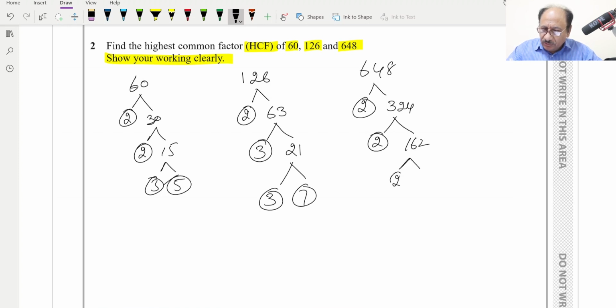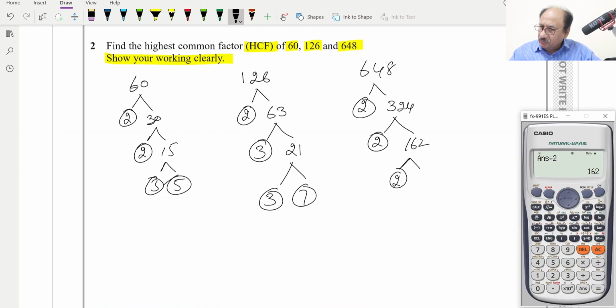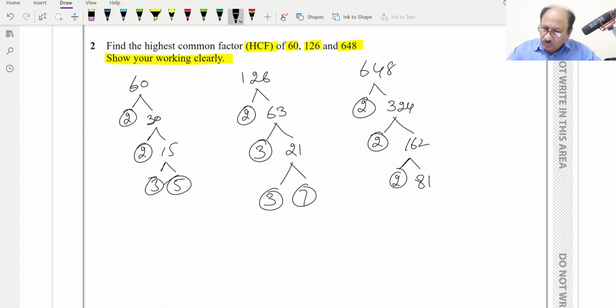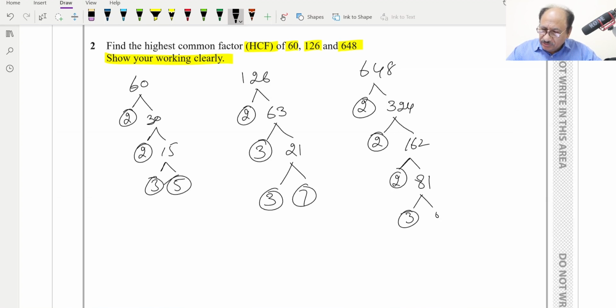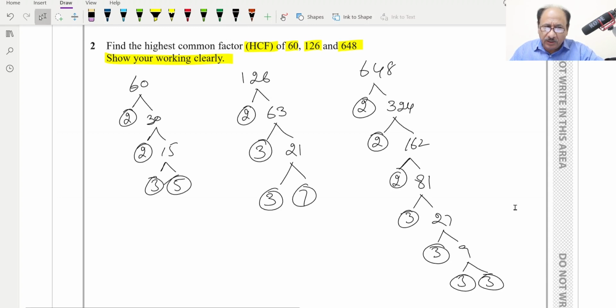Again divisible by 2 because it ends with 2, so dividing by 2 gives 81. Now divisible by 3, and we can divide this by 3, and this is equal to 27. Again divisible by 3, 3 nines are 27, then 3 and 3. So these will be the prime factors.